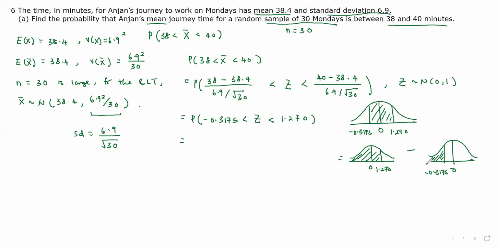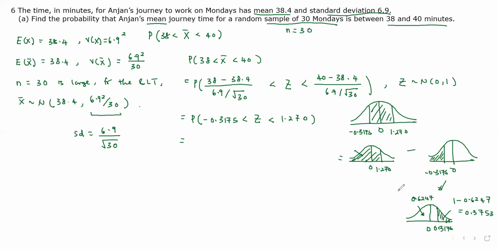Unfortunately, we cannot find this region in the standard normal table. So instead of using negative 0.3175, we use 0.3175, and we can find this region from the standard normal table. That is 0.6247, so this region is 1 minus 0.6247, which is 0.3753.